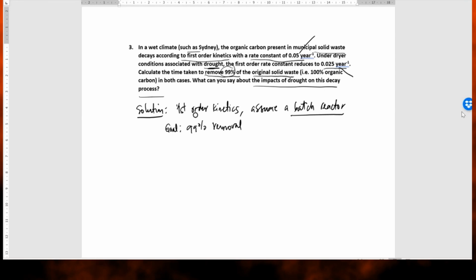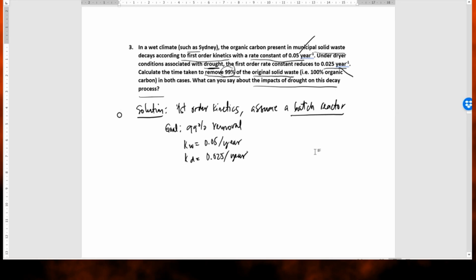So we have K at wet condition, 0.05 per year, and K in dry condition is half, 0.025 per year. We need to get the time for 99% removal.